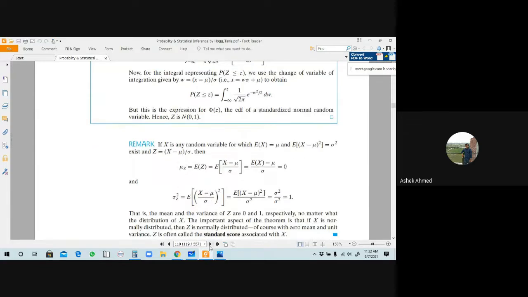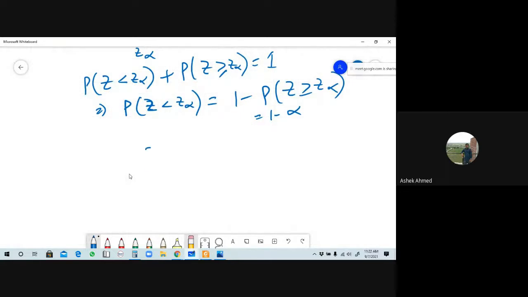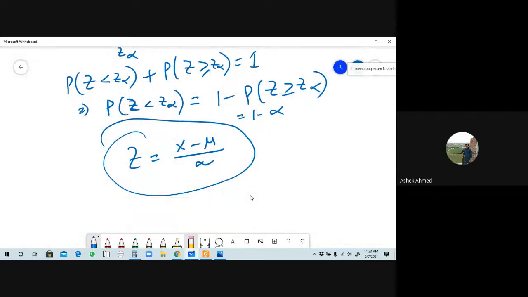Now from here we can say that the relationship Z equals X minus mu divided by sigma. This is the relationship between a standard normal variable and a normal variable. Okay, but we know that the mean of X was mu x. What do you mean by this?